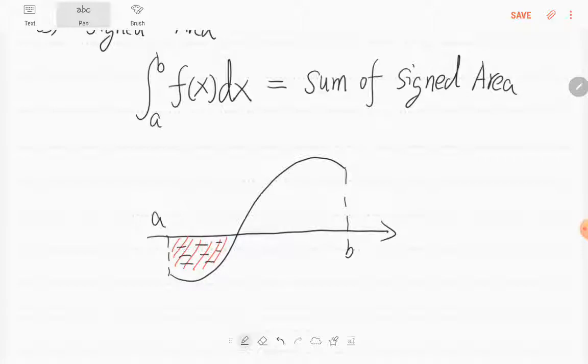So the area is positive, but I give the name negative. If we do the integration from a to this point, this will be a negative number. So we call this the negative area. And this region, which is above the x-axis, is called the positive area. So the integral from a to b is the positive area plus the negative area.